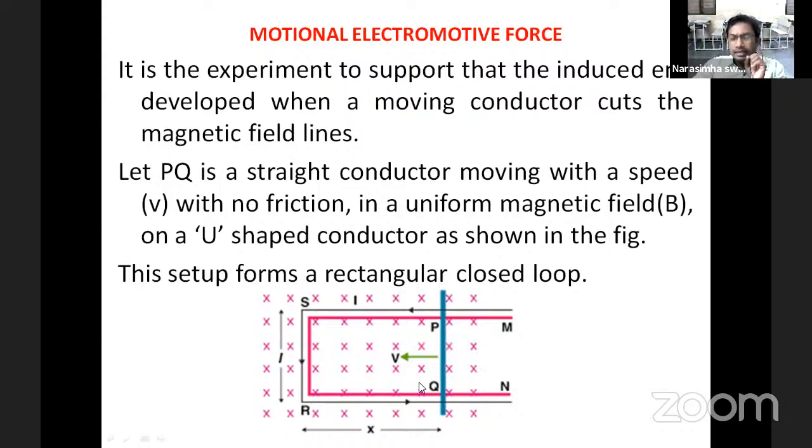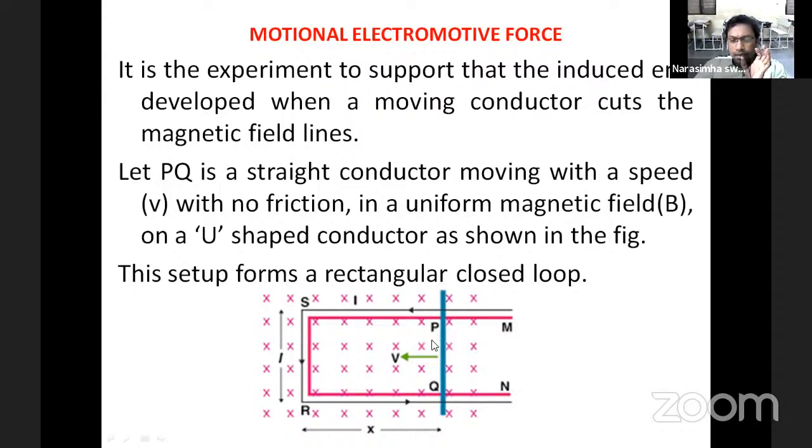This length can be changed by moving this rod, either inside or outside the U-shaped frame. For example, if it is moving inside like this, then the size of this rectangle is decreasing. So this value is changing.